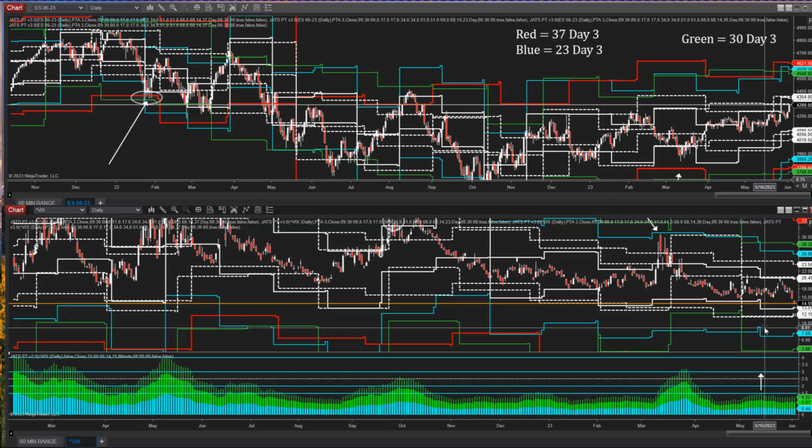As far as QE goes, what effectively happened when our friend Janet Yellen decided to bail out her rich friends at California and New York banks, and let's be specific, with a $500 million bailout.